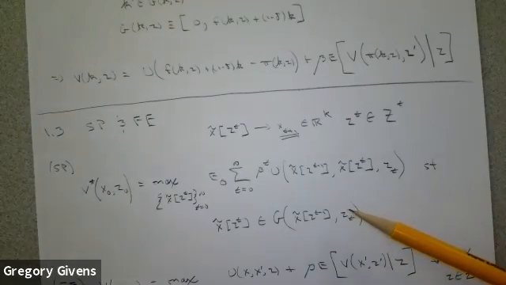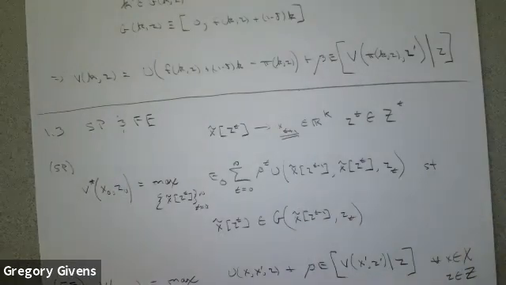Some of this is going to be new because now you'll see that the value function depends not just on the state, but also on the shock. And it turns out we're going to need to know something about the monotonicity of the value function, not just with respect to x, but also with respect to z. So there are a few new assumptions here that are going to be important when we're proving certain properties in the optimal growth model.